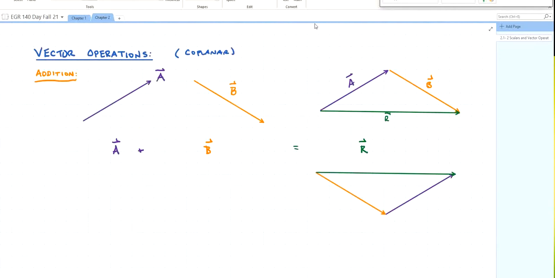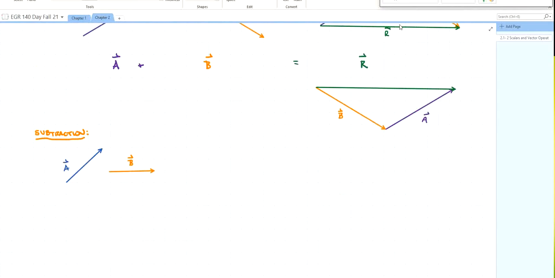So that was addition. We can also do vector subtraction in much the same way. Say we start with A and B, well, A minus B is really the same thing as A plus, so we're adding the vector still, but we're adding a negative B vector this time.